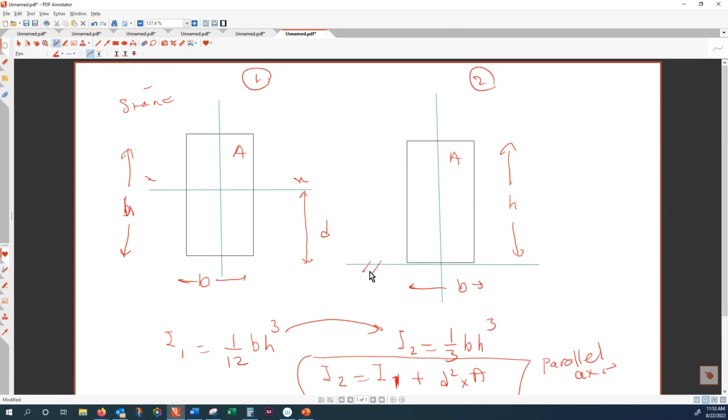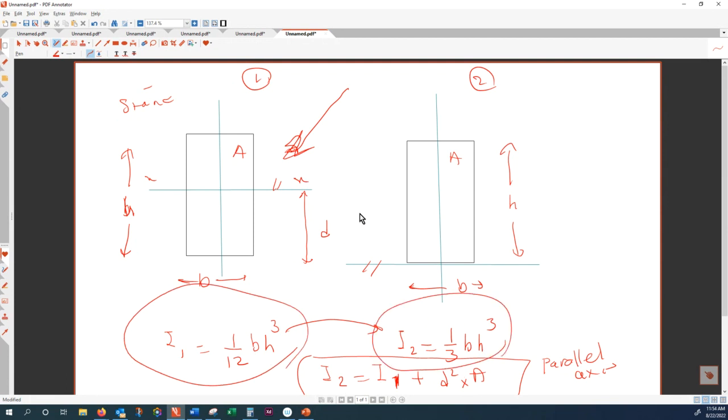These two axes are parallel. That means in the exam, you have access to this formula sheet, but for some reason, I will tell you that reason later, you only have access to this one from the formula sheet. You have to modify that formula to get this formula.